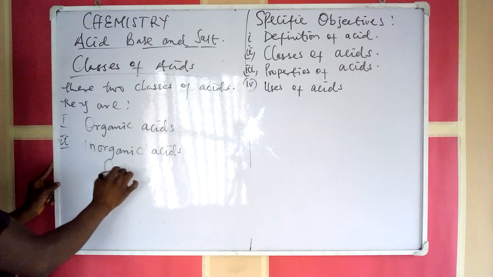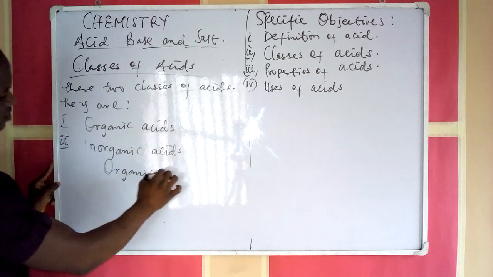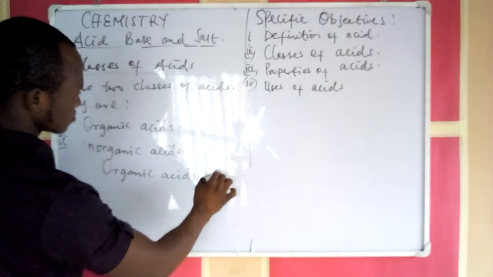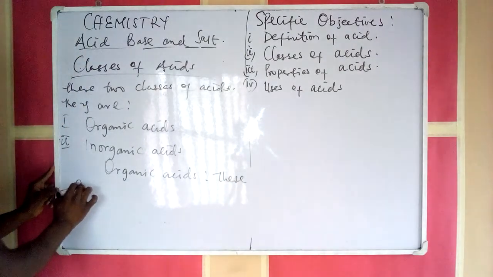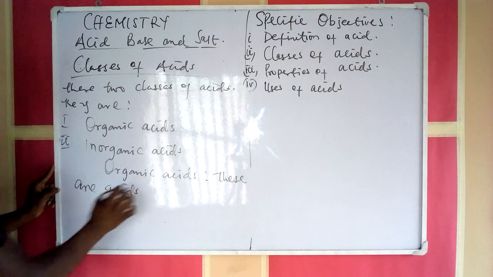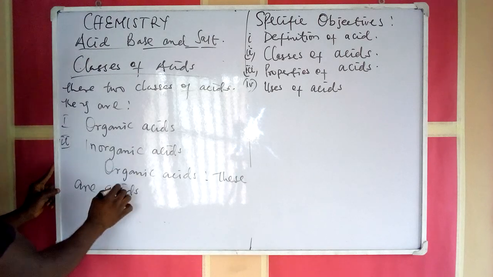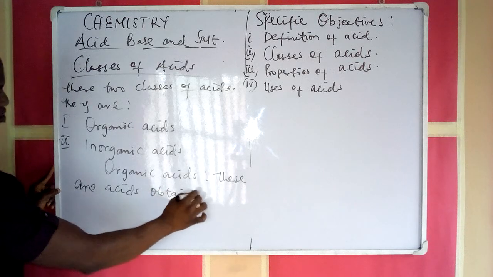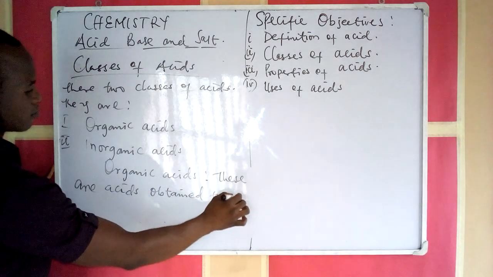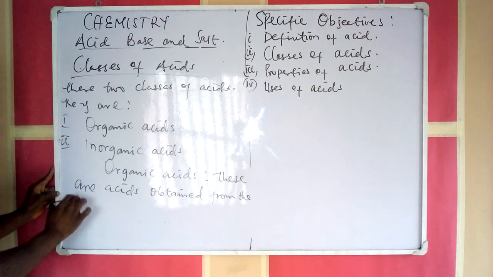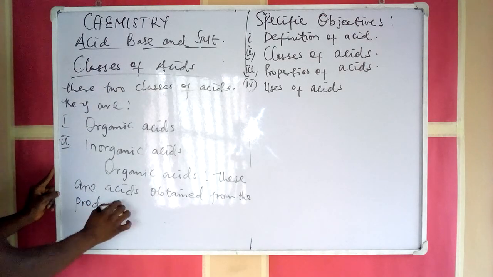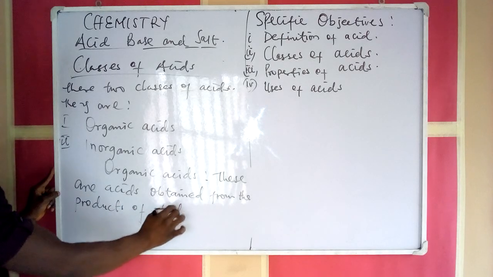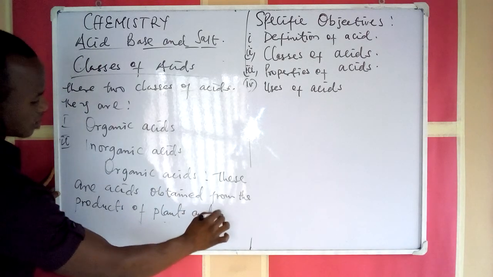Now, what are organic acids? These are acids obtained from the products of plants and animals.